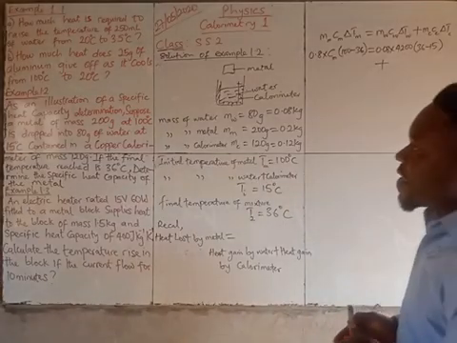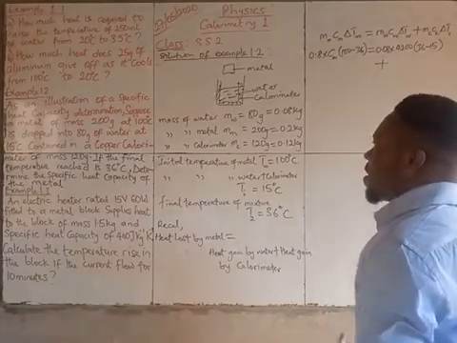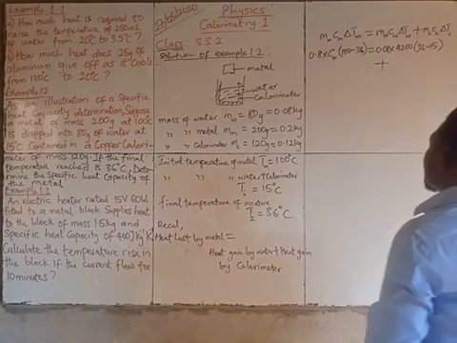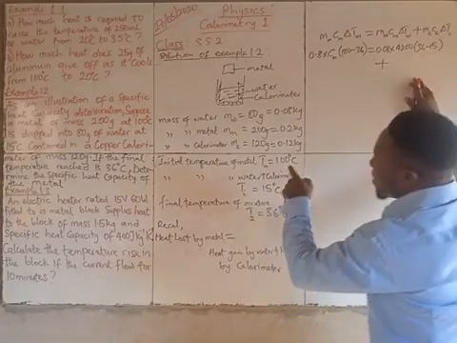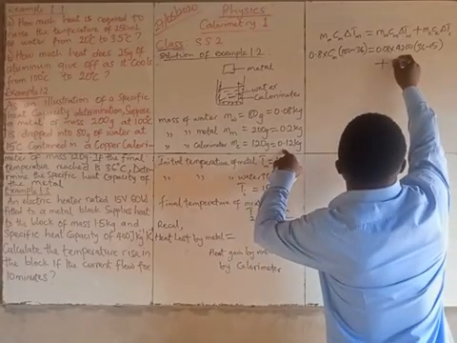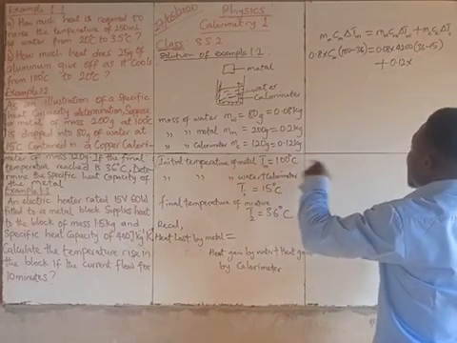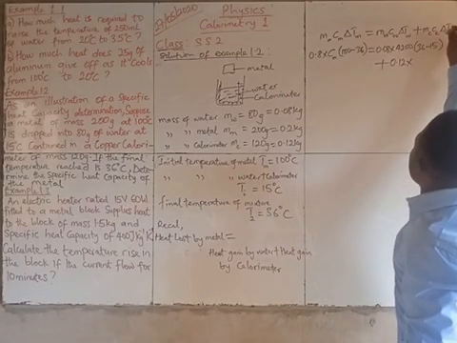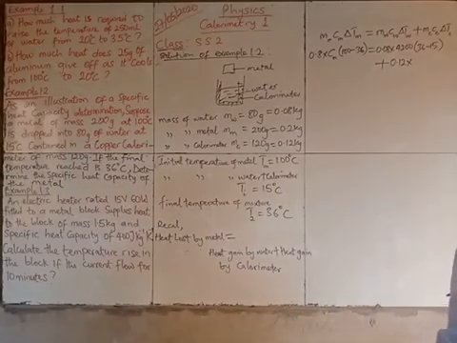From the question they say it is a copper calorimeter, which means we'll be using the specific heat capacity of copper. The mass of the calorimeter was given to be 0.12 times the specific heat capacity of copper.